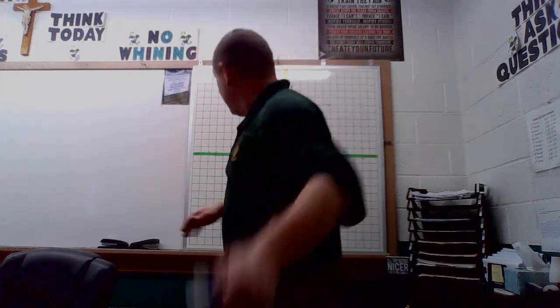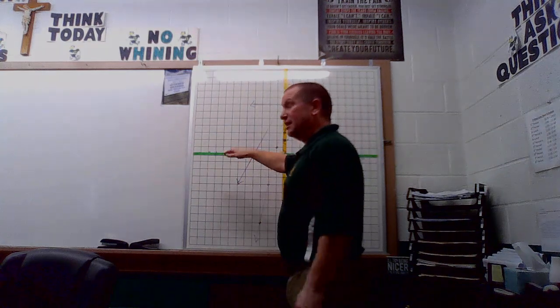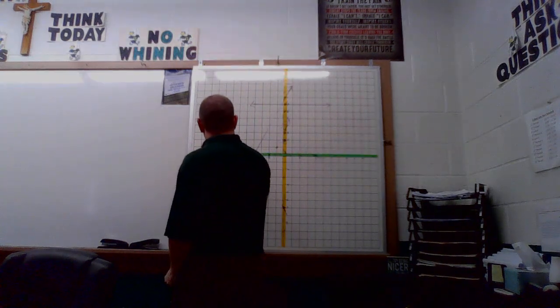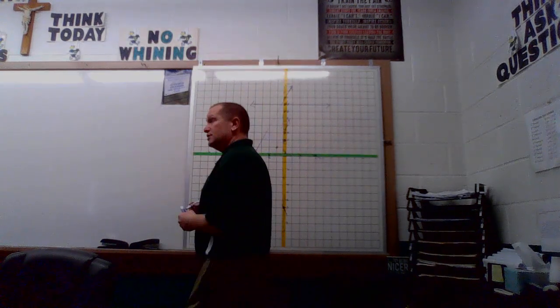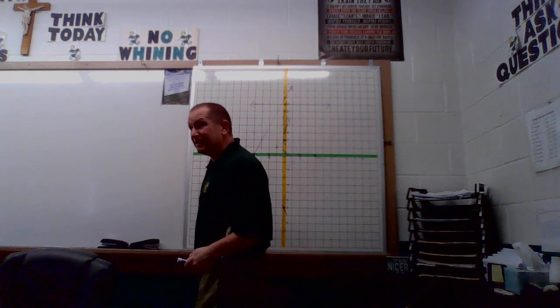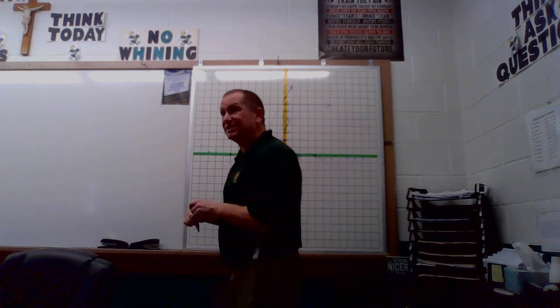Up, down. But I want you to show me where x equals -7 is. It's to the left, right? These are my x's, right? And x equals -7 would be over here, right? Okay, so how do I make my line where all of my x's are -7?